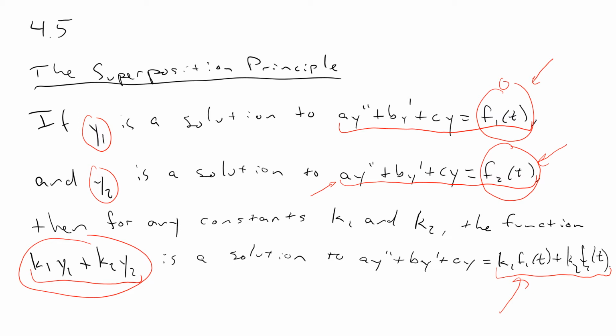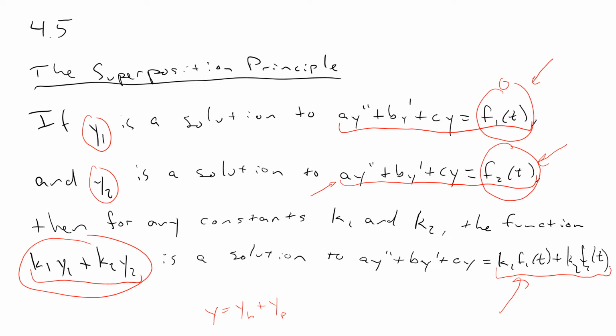That may sound a little bit confusing, and it'll be clearer when I show you an example in the next slide, but basically what it boils down to is if I'm solving a non-homogeneous linear equation, the general solution will be a combination of the homogeneous solution with some particular solution that we might find using undetermined coefficients or other methods that we might learn.